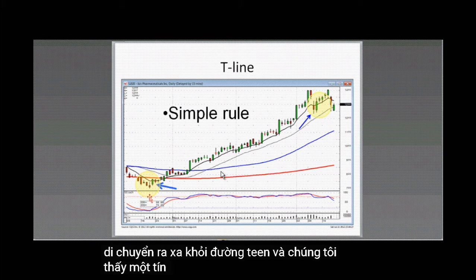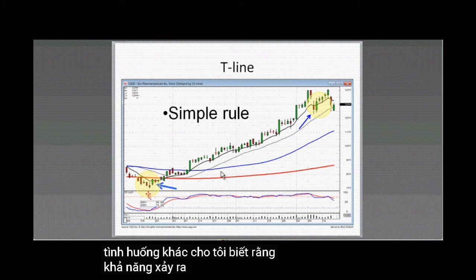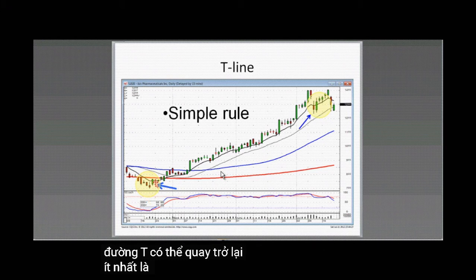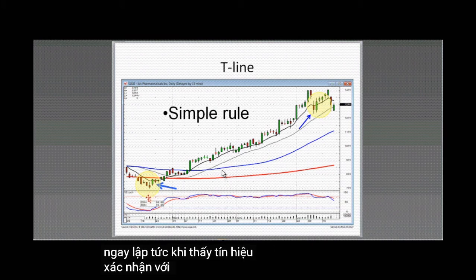On the other hand, there's going to be times when the price moves way away from the T-line and we see a reversal signal. That's a different situation. That tells me the probabilities are that if I see a buy signal in the oversold area away from the T-line, it's probably going to come back up at least to the T-line. I will buy immediately upon seeing the signal confirmation with the realization that it's probably going to come back up and test the T-line.